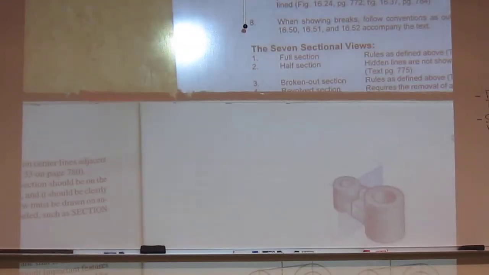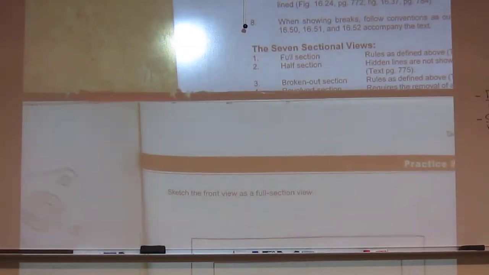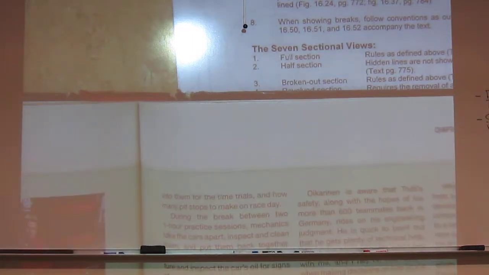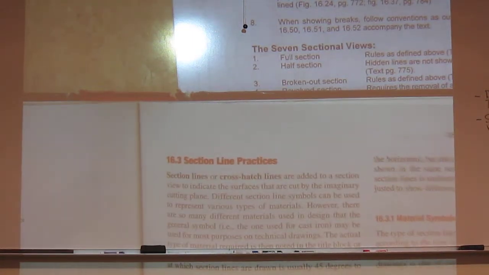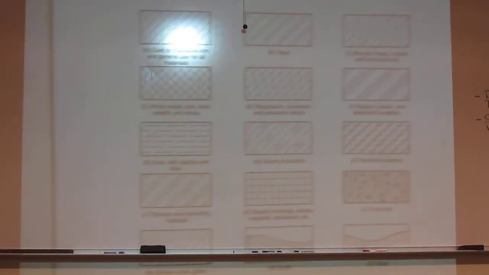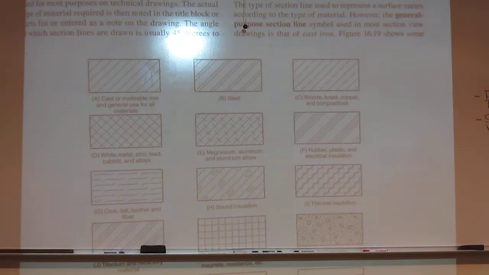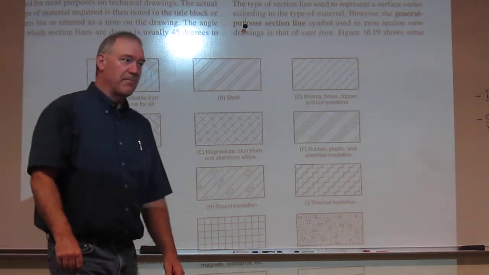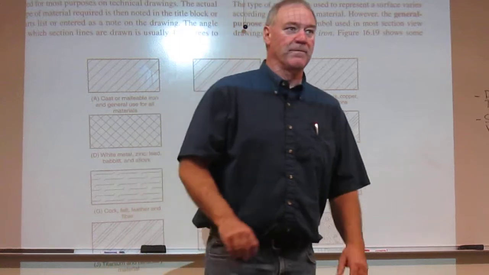The other line type we are talking about with sections occurs in the section view itself. I'll go back to page 769. We call this a section line. What does a section line represent? It may or may not denote material.